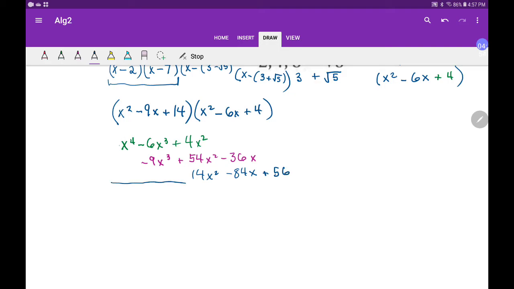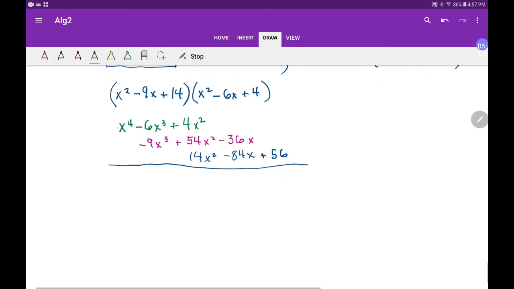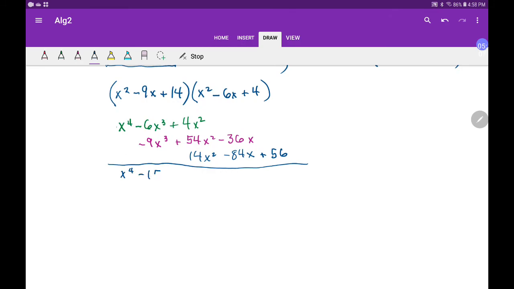Okay. I just want to make sure that 6 times 14 is 84. I don't trust myself when I'm talking out loud like this. It is 84. Okay. x to the fourth minus 15x to the third. When we add this up, they're all positive: 68, 72. Looks like 72x squared.